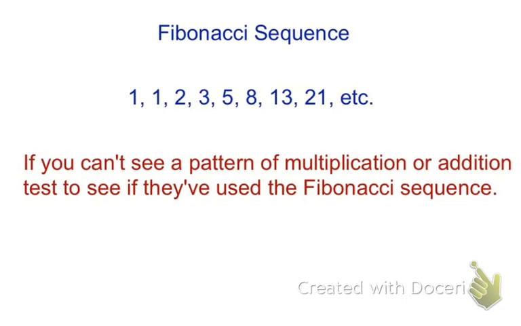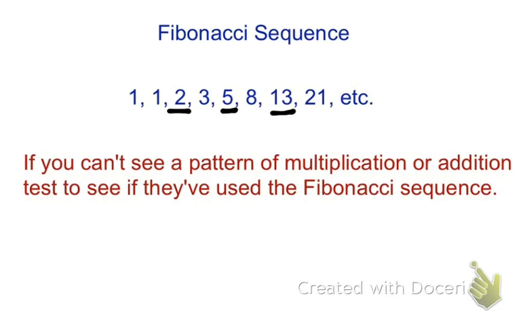This is the Fibonacci sequence, and the Fibonacci sequence is kind of hard to tell. If you look at this sequence, each number, each term, added together equals the next term. So 1 plus 1 equals 2, 2 plus 3 equals 5, 5 plus 8 equals 13, and so on.